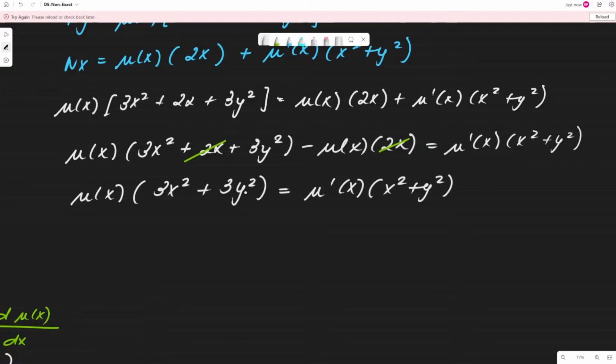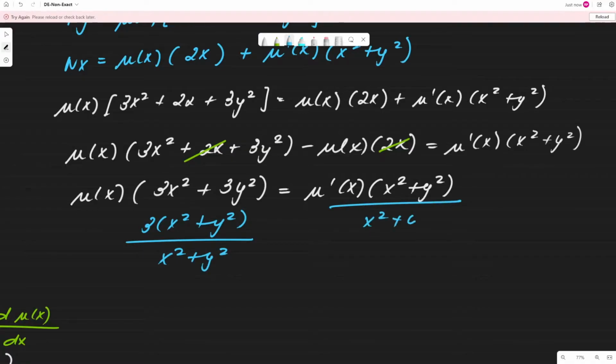Since 3 is common, we can factor out 3. So we will have 3 times (x squared plus y squared). As we said, we don't want y as much as possible, so we will divide both sides by x squared plus y squared. Cancel, cancel.